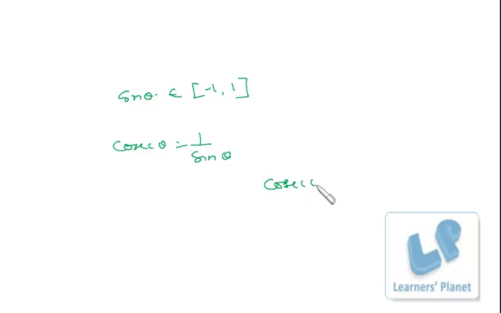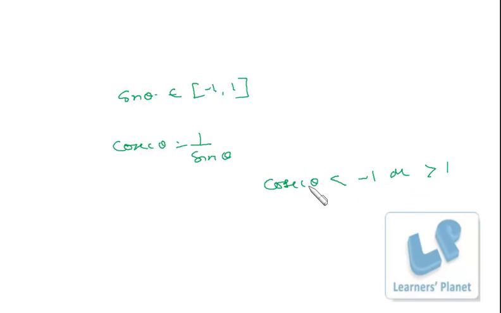Now, as I told you, sin theta lies between minus 1 and 1, and cosec theta is actually 1 upon sin theta. I can say it is the reciprocal of sin theta, right? So cosec theta will be less than minus 1 or greater than 1.